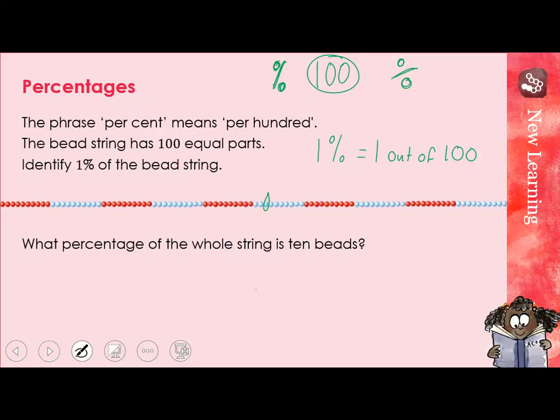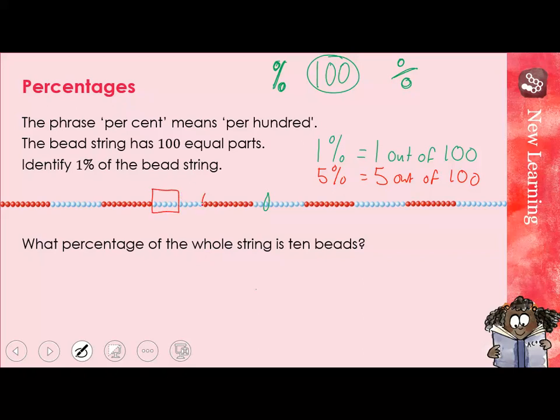So what about if I ask you to find 5% of the bead string? What would that be? Well, it would have to be 5 of them. 5 out of the 100. So 5% is 5 out of the 100. And it could be 5 all in a row together, like that.